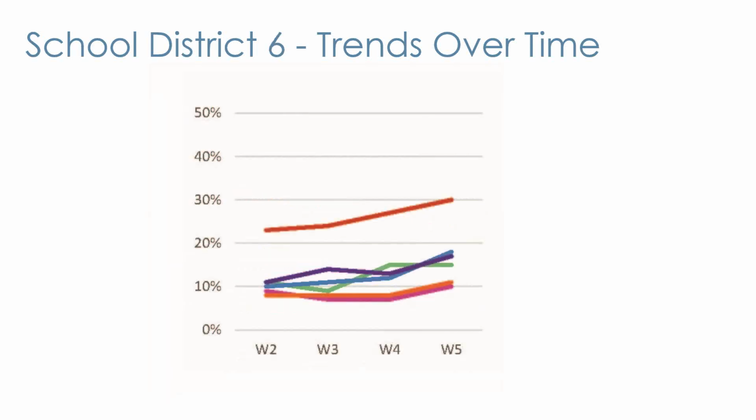When we look at the trends over time in School District 6, you can see that it's more of a common trend that we're seeing in other places in the province, and that is increasing vulnerability. So whereas in Wave 2 we were about 22% overall vulnerability, at the end of Wave 5 it was up to about 30% of kids vulnerable across the entire school district. So that's including Golden, Windermere, and Kimberley areas all rolled up together.